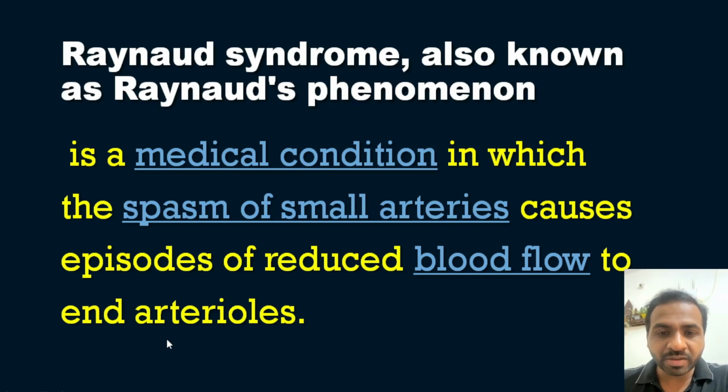In Raynaud's, small arteries are affected, and when exposed to extreme cold, the small arteries spasm and there is reduced blood flow to the end arterioles. But in thromboangiitis obliterans, both the arteries and the veins of the hands and feet are affected, and smoking is one of the main reasons for its development.